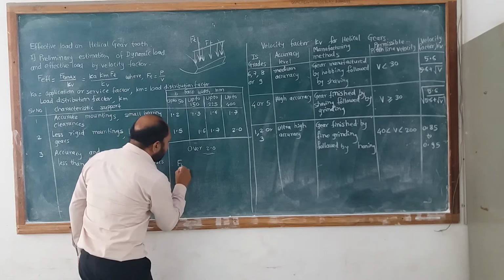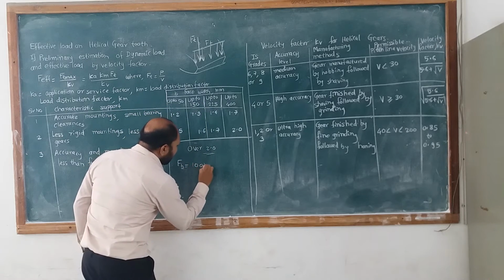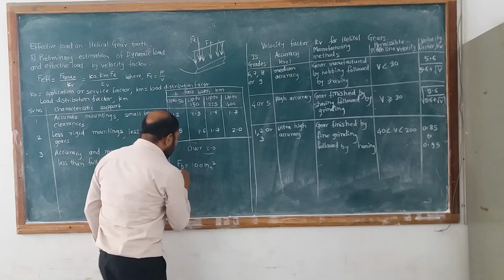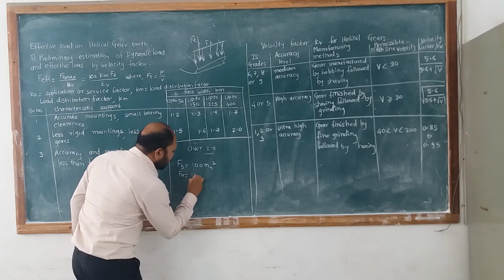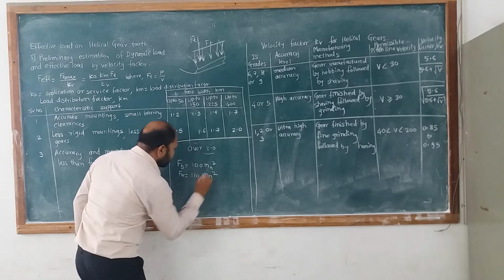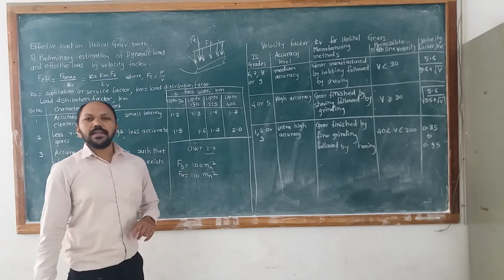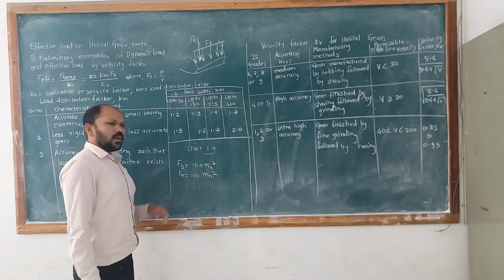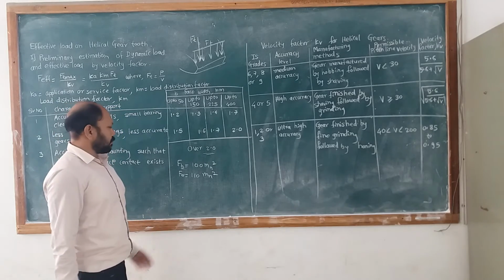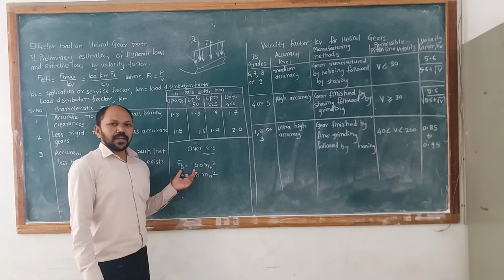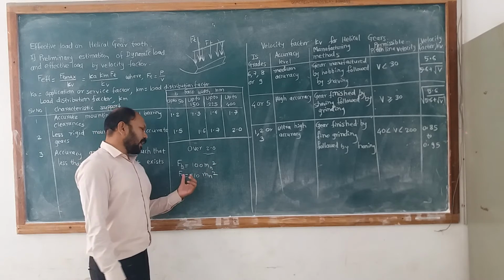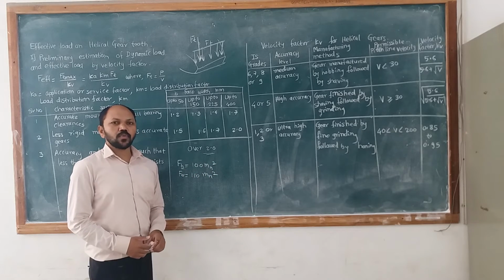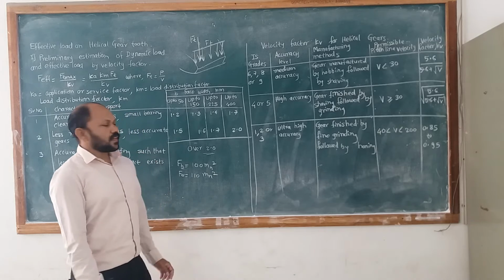If you find FB is equal to 100 N/mm square and FW is equal to 110 N/mm square, compare which value is less, whether FB is less than FW or FW is less than FB. So in this case, if FB is 100 N/mm square and FW is 110 N/mm square, which value is less here?